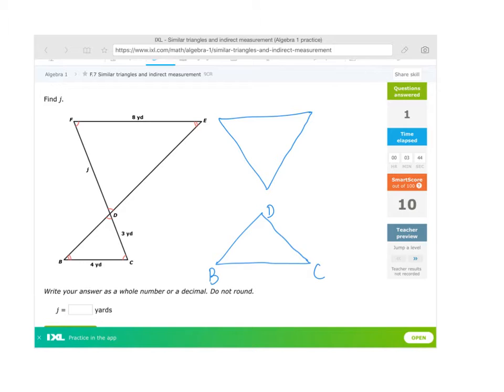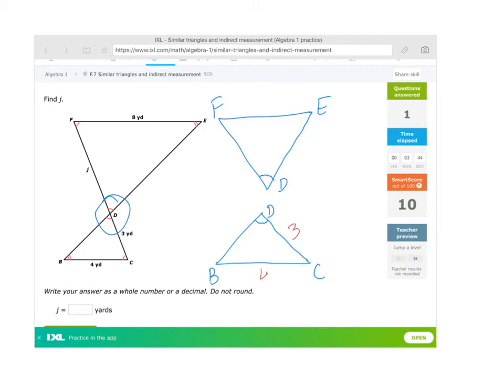But one easy way to work with similar triangles is to start out with the angles and then see which sides are opposite that angle. If I start with angle D over here, I know that there's an equal angle D over here in this diagram. We've got some sides that are marked.